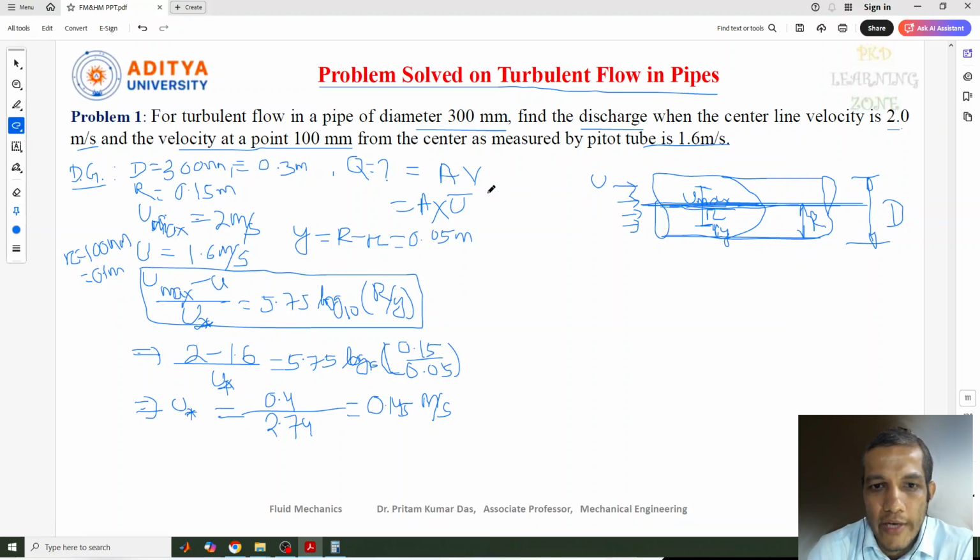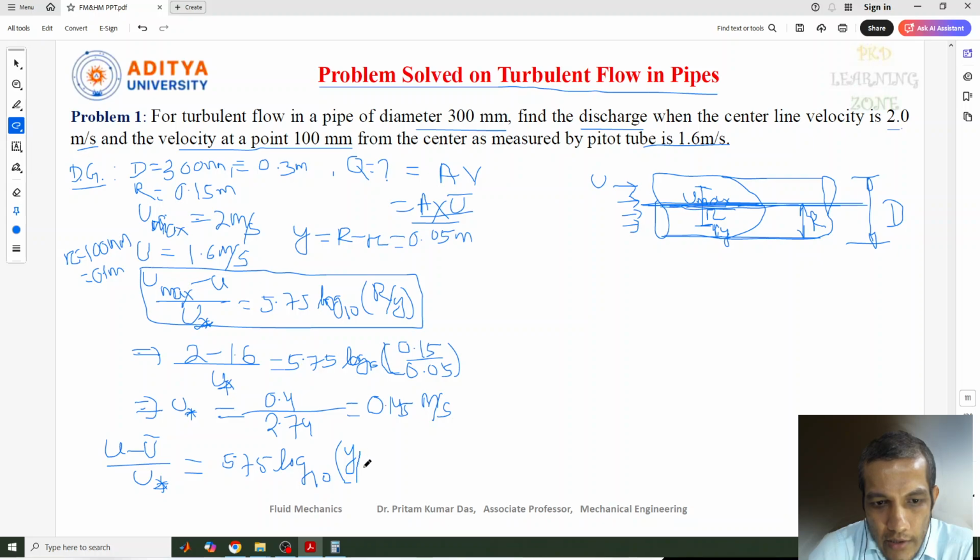Now we actually require the average velocity here. So one more equation I'll write, which gives the relation between the velocity at any point and the average velocity: u minus u bar divided by u star equals 5.75 log 10 of y by r, plus 3.75.